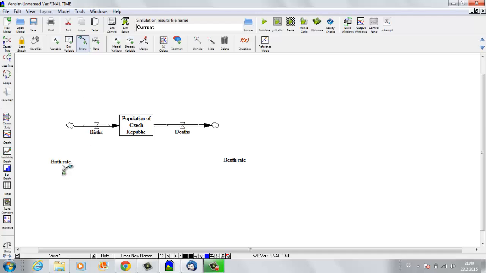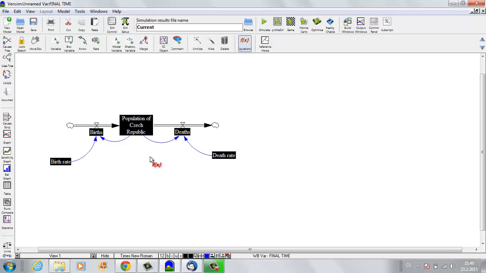So first, there is definitely a relationship between the birth rate and number of births, and also a relationship between the population and number of newborn kids. On the other hand, there is a relationship between a population and number of deaths, and death rate and number of deaths. Okay, so basically the structure of the model is done.